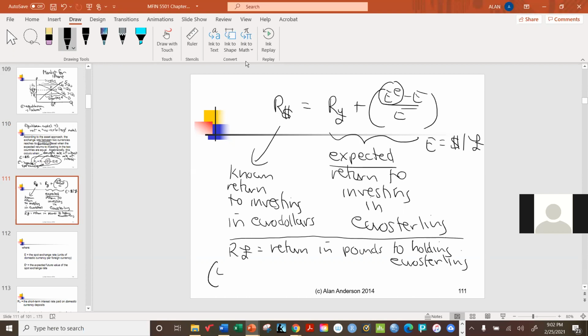And this piece is referred to as the expected appreciation or depreciation of the pound against the dollar. I'll write it as appreciation/depreciation of the pound against the dollar.